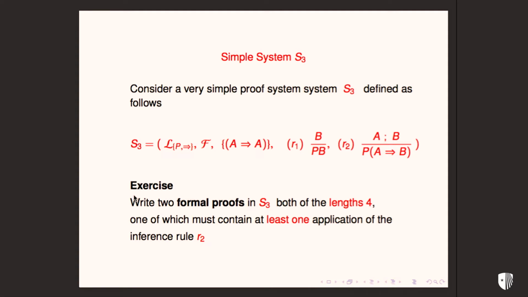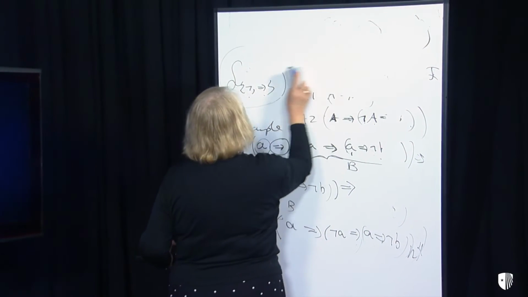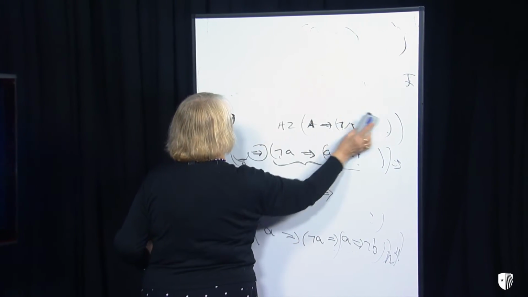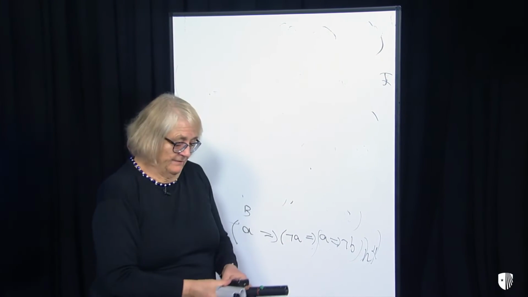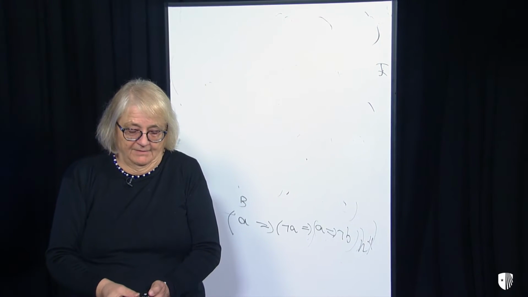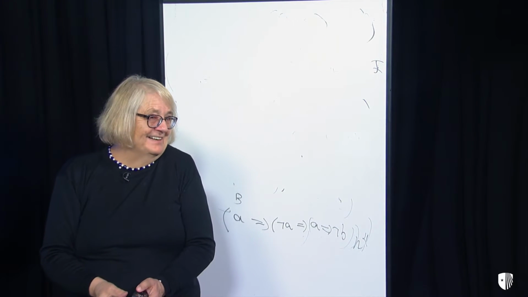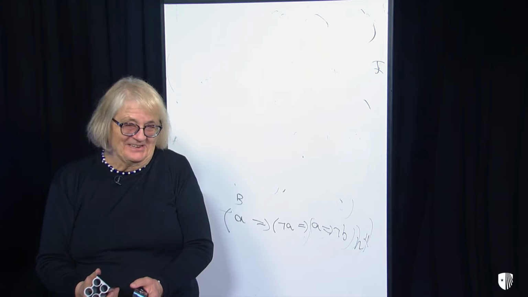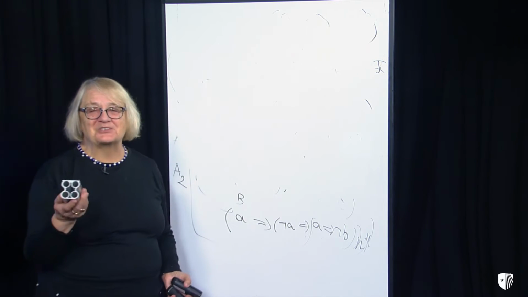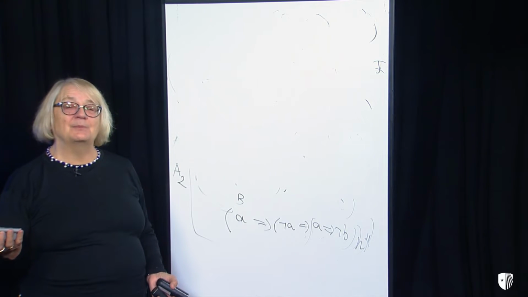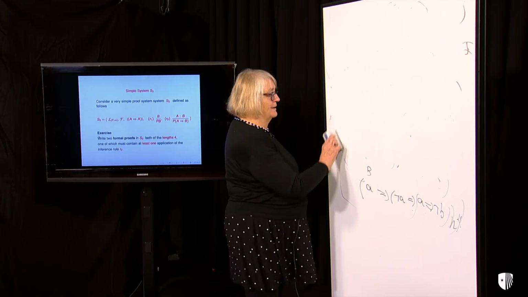I have to see if I have the proof here. Ah, no, so you see, that's why you need me writing on the blackboard to show you how to construct the proof when you have a proof system with two premises.